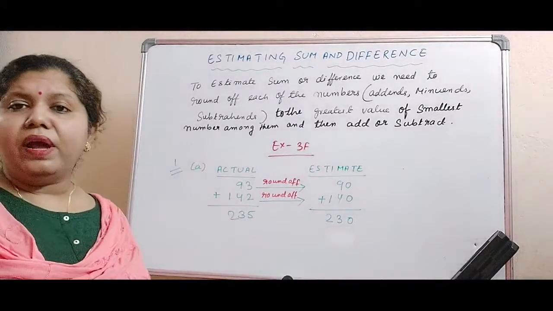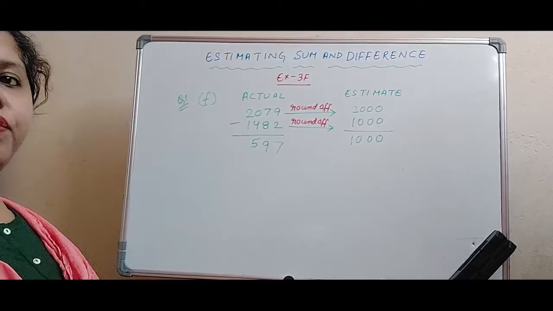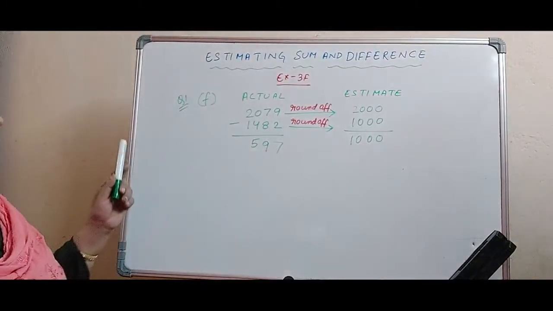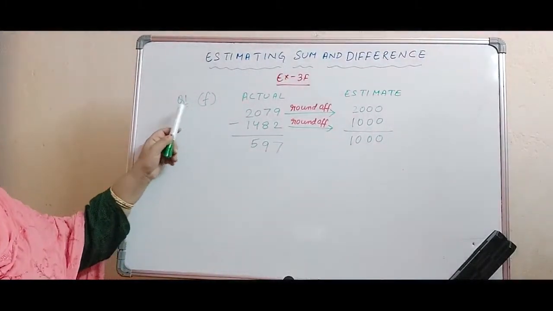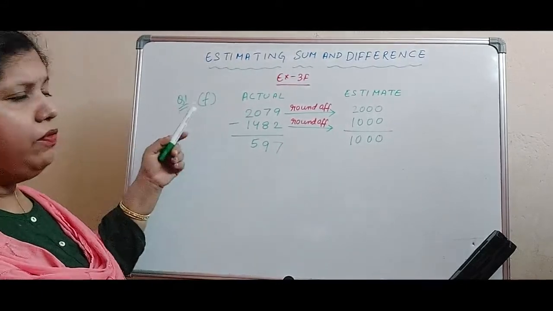Let us do one more question from the exercise. This is 1 part F. Here the actual is again found, but we are doing subtraction.